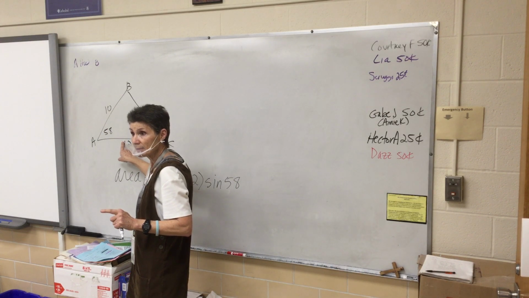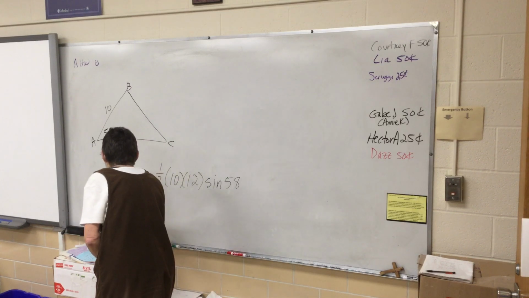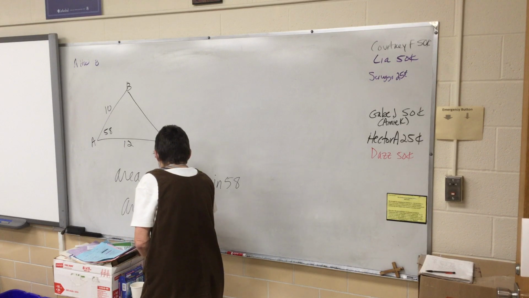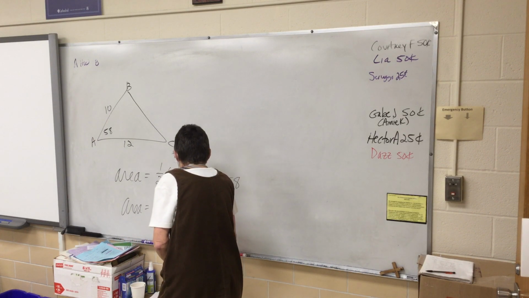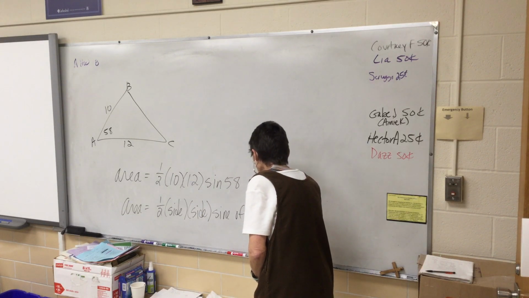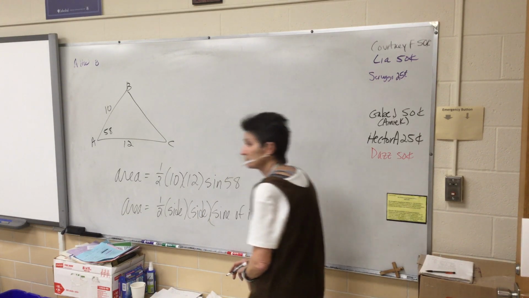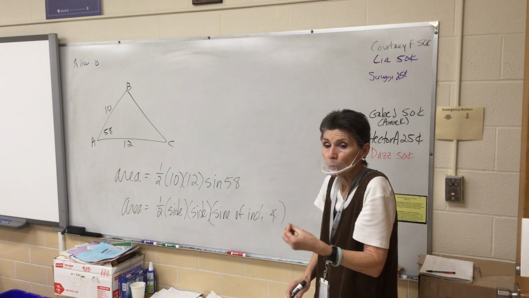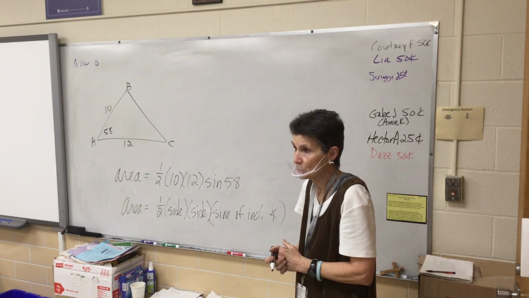You see that? That's the formula. The formula says 1/2 side times side times sine of the included angle. And when we say included angle, we mean the angle that's between the 2 sides.